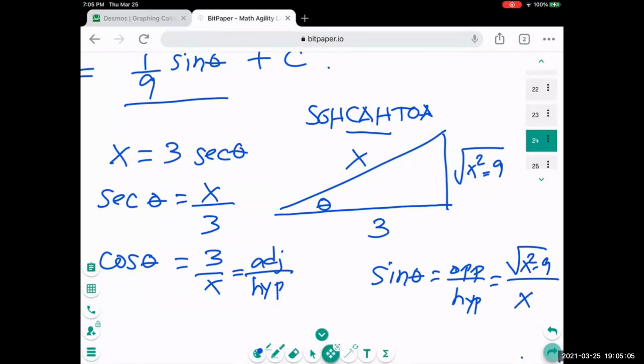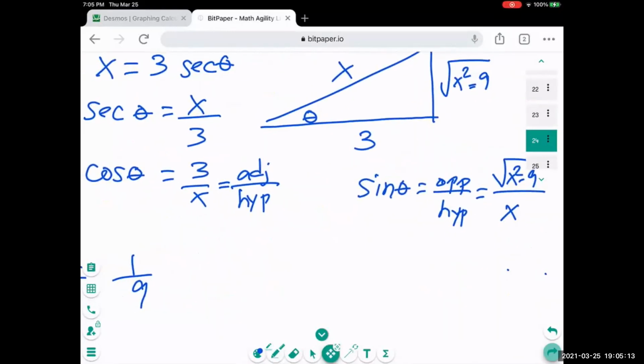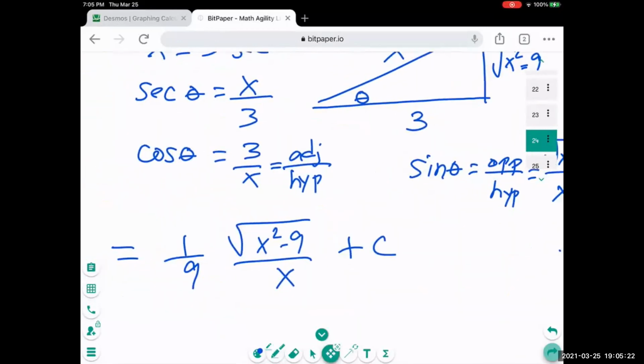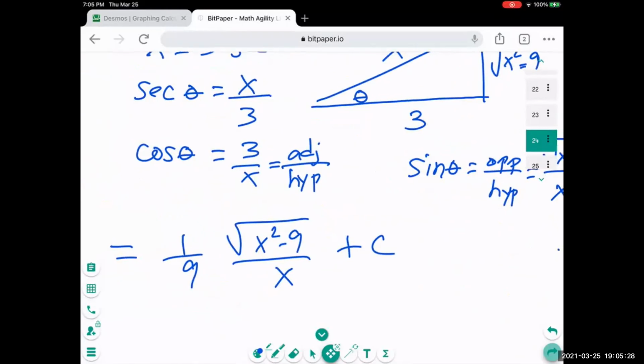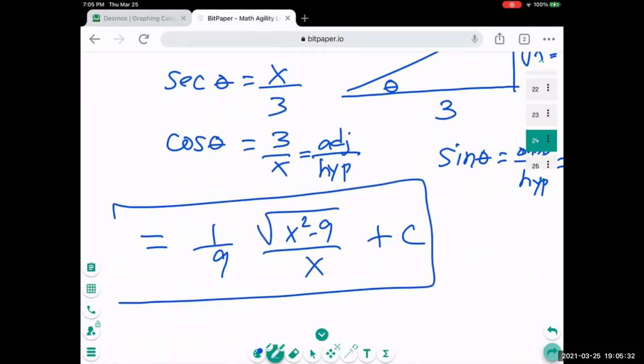So, substitute natin dun sa answer natin. So, 1 over 9 square root of x squared minus 9 over x plus c. So, since we reverted back to our original variable x, ito na yung final answer natin. Okay?